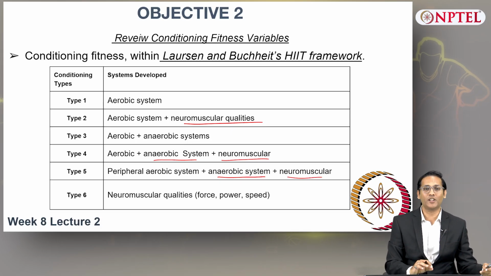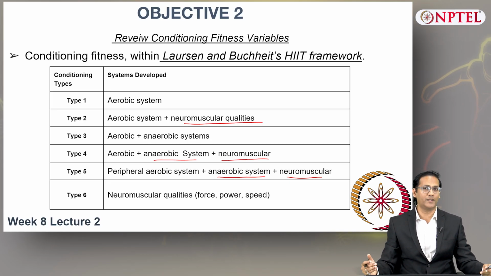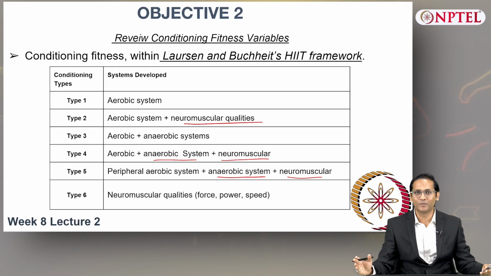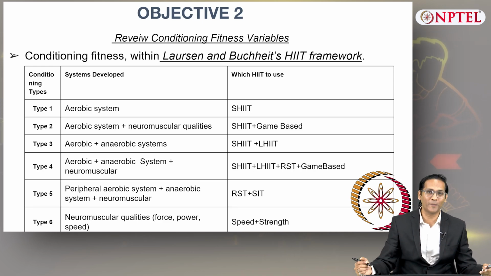And type 6 is only neuromuscular qualities. So, these different types of conditioning help you to classify the energy systems, and this classification can be applied using different formats of HIIT.